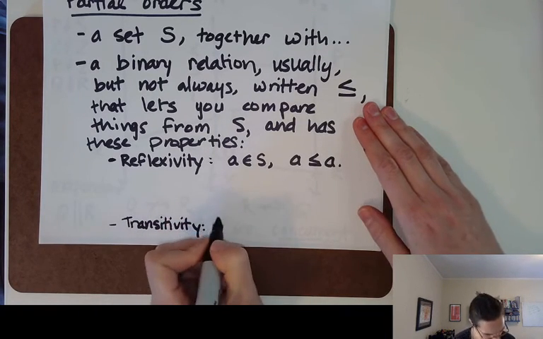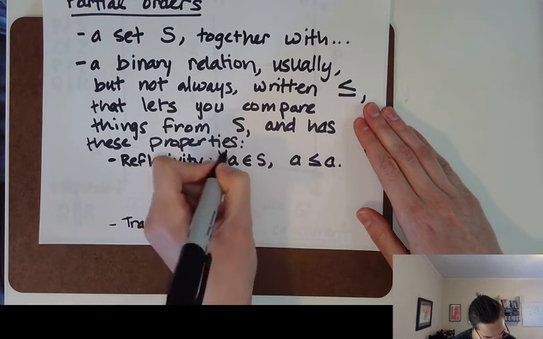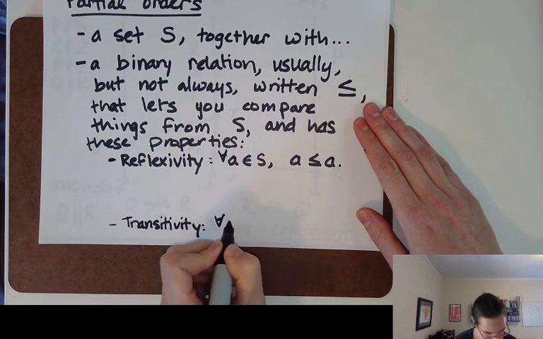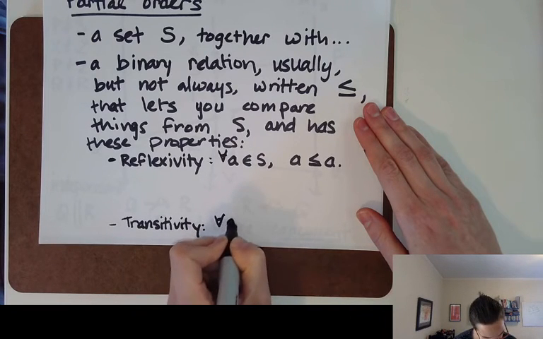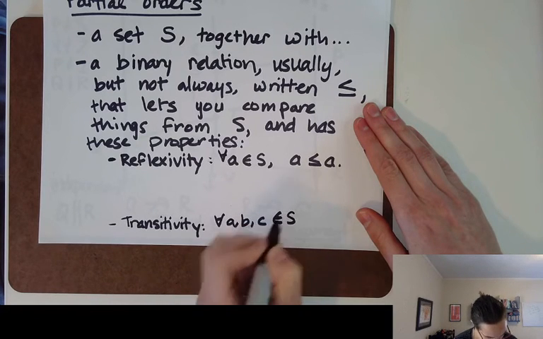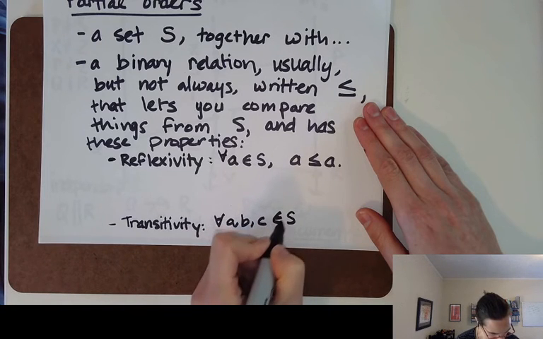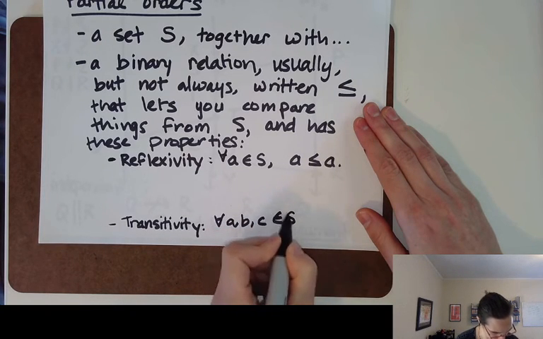So I should put a for all up here. So for all A, B, and C in the set S, I'm not sure if you can read my writing or not, but this symbol right here is the symbol for in.